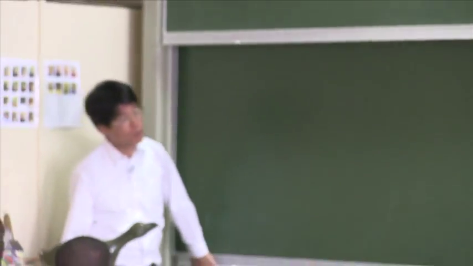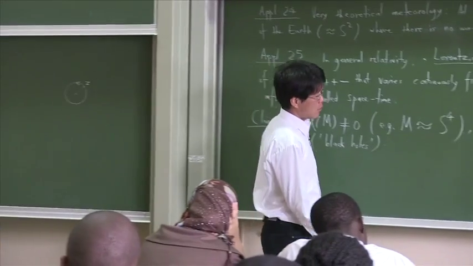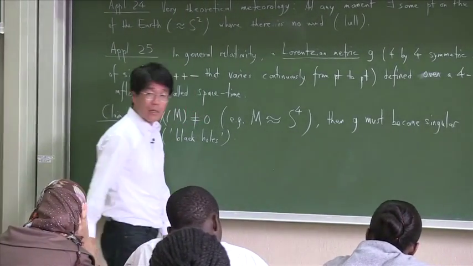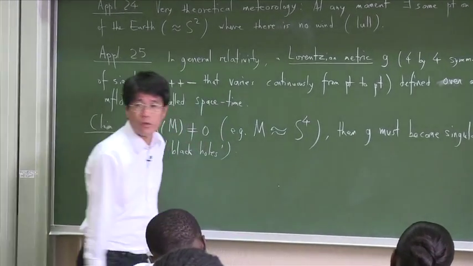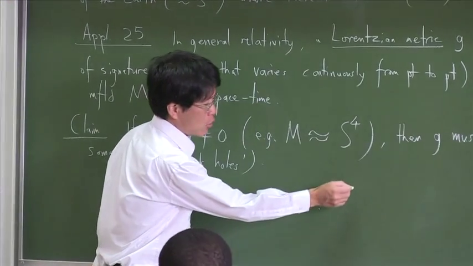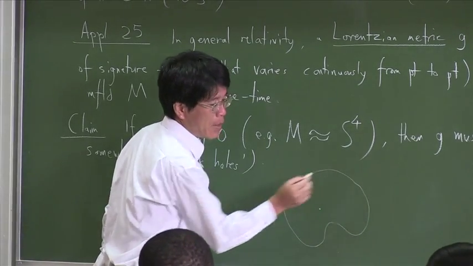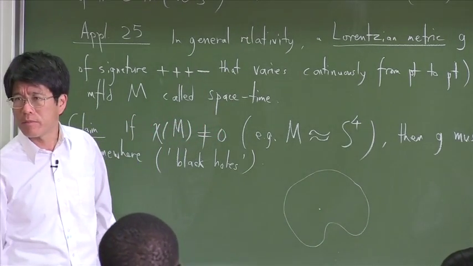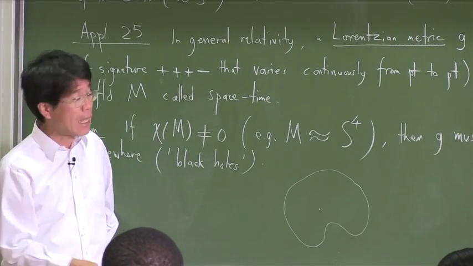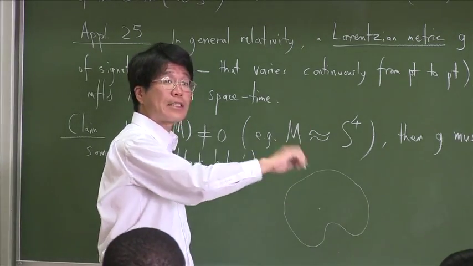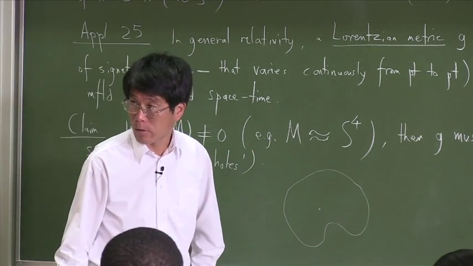Now, this proof depends on the following fact, which I shall first discuss intuitively. Look at this point and consider a loop which does this. It's not quite circular. How many times did I go around this point? Once. Let's say that we count it as +1 if I went around in the anti-clockwise, counterclockwise direction.